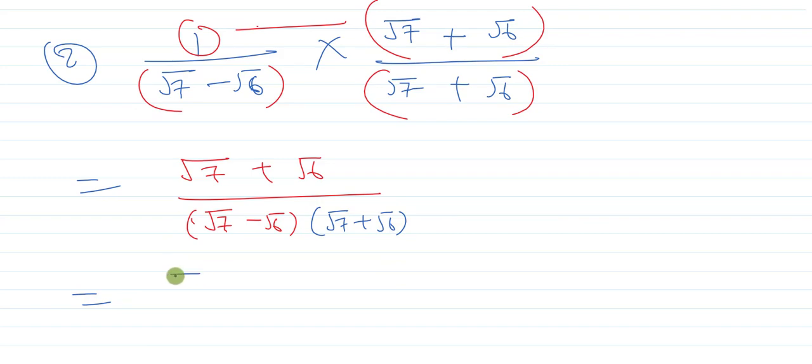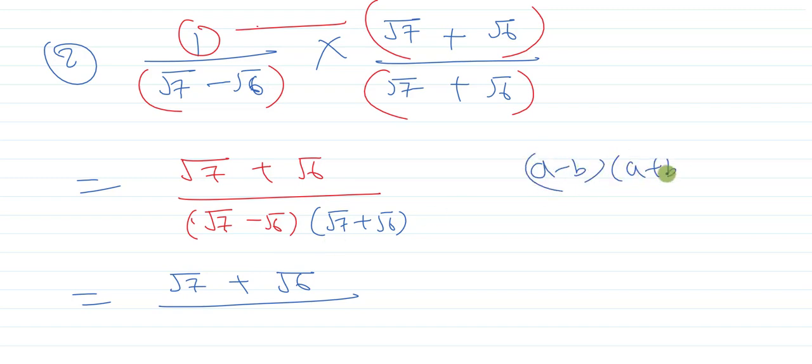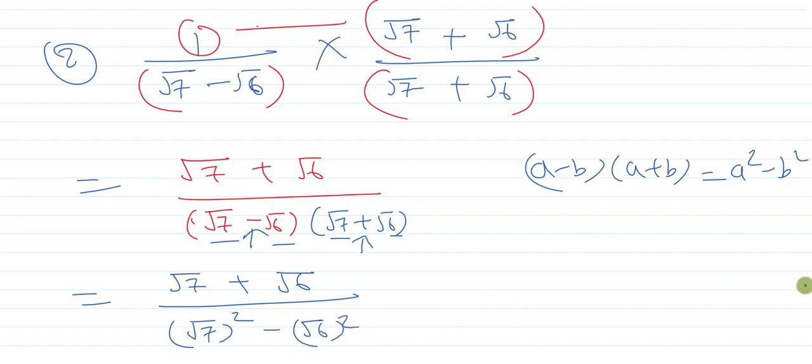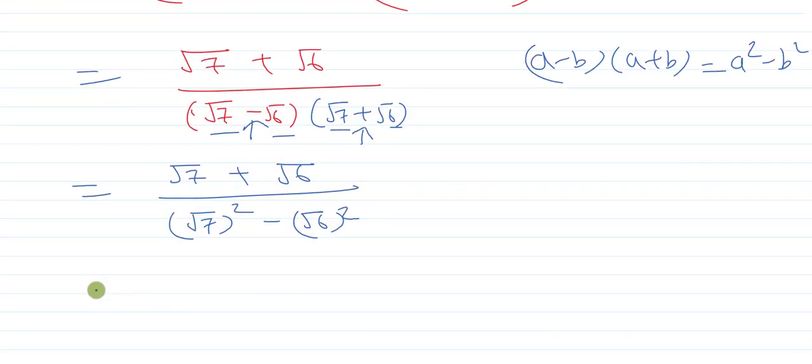Now we have just seen the a minus b upon a plus b formula. A minus b into a plus b. What was the formula? First term square minus second term square. Here the same thing we can observe. First number is the same, second number is also the same, just the sign is changing. So what we are going to do is write first term square minus second term square. So what will I get?